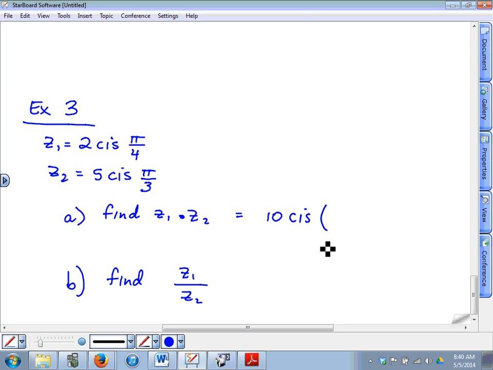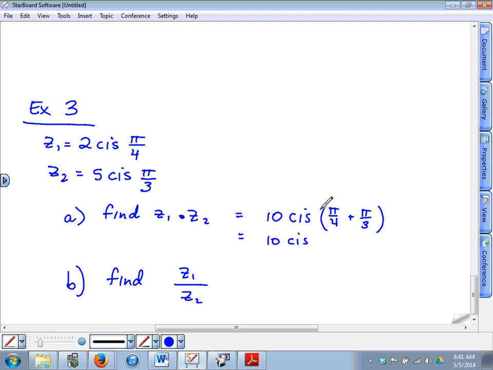And then you add the two angle measures of each complex number. So we have to add pi fourths to pi thirds. You can't add them unless they have a common denominator.